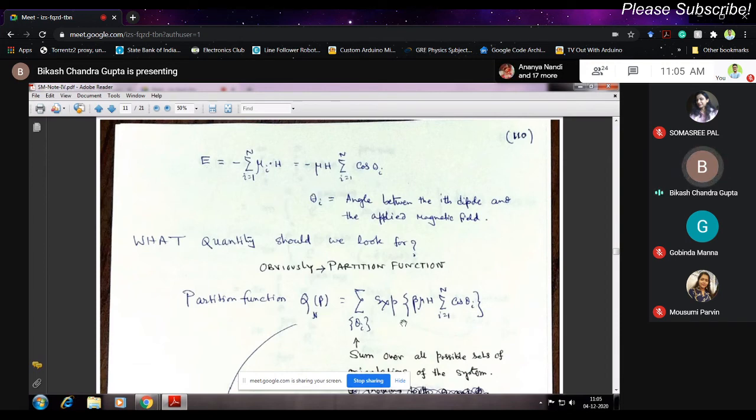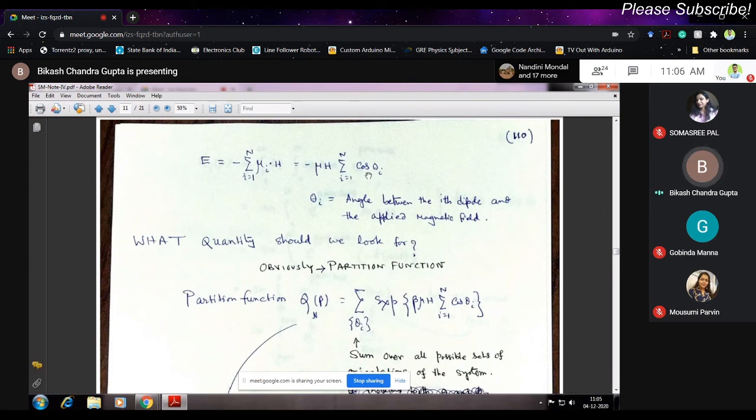Okay, so e to the power minus beta en is this: e to the power beta mu h sum over i equals 1 to n cosine of theta i. This is the energy for n dipoles, where each dipole is making some angle with the direction of the field.